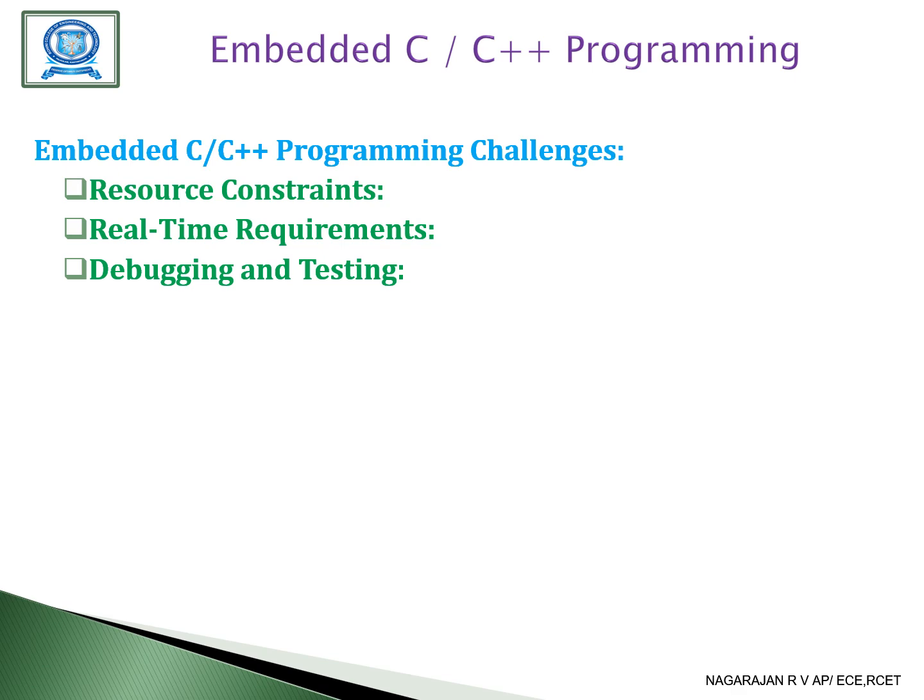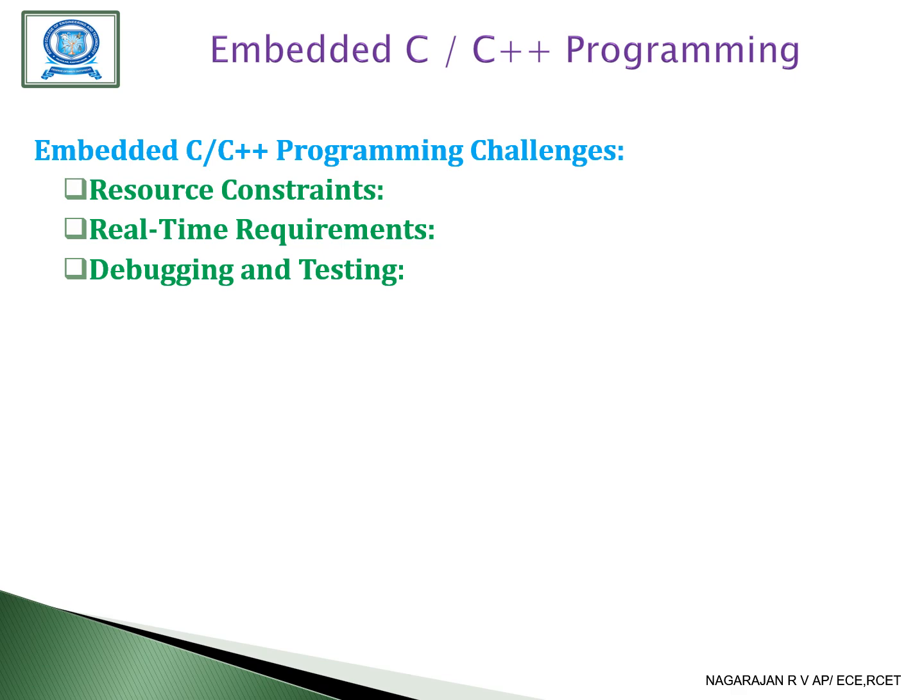Next one is real-time requirements. Meeting real-time deadlines is crucial in many embedded applications. The software must be designed to respond to events within strict timing constraints. Next one is debugging and testing.